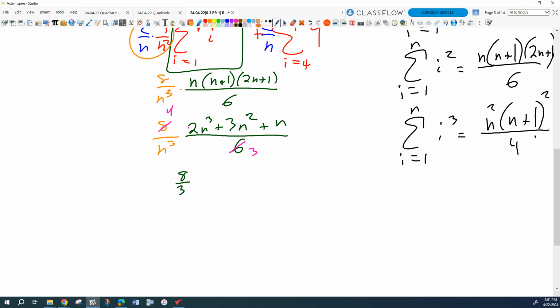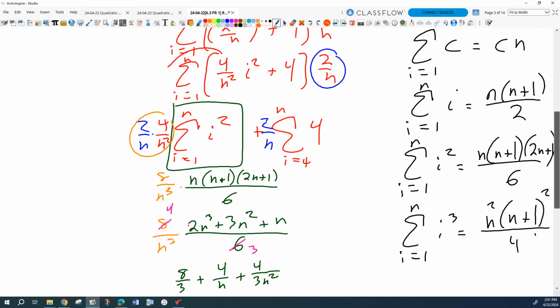Okay, what about the middle term? I'm going to get 3 times 4 is 12 over 3 is just 4, right? n squared over n cubed, 4 over n, right? And then here I'd get 4n over 3 divided by n cubed. Puts an n squared on the bottom. Everybody good with all that?